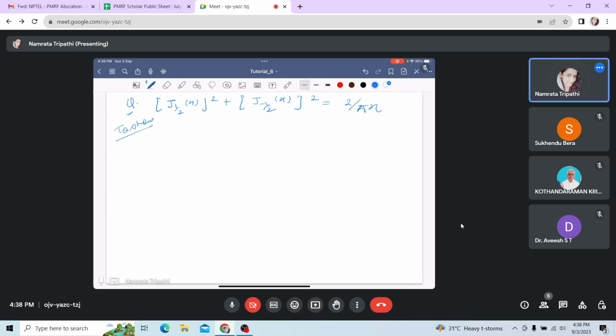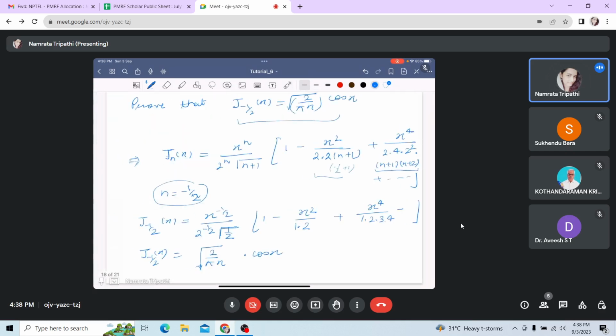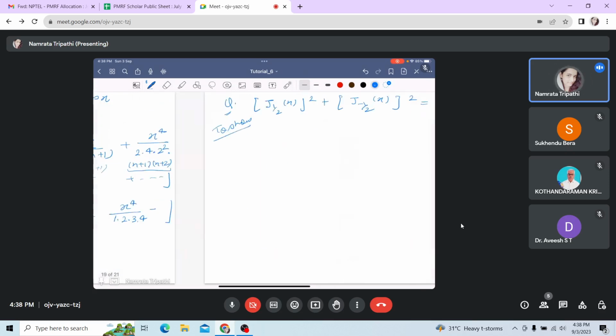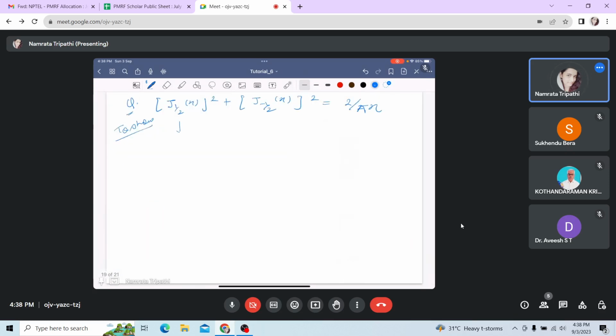So simply squaring and adding the equation. Let's say this is equation 1, and what will be the value of z1 by 2? We have also used this expression. Simply squaring and adding, you will get the answer.